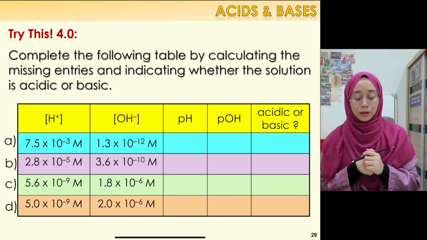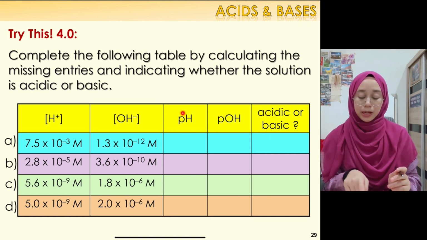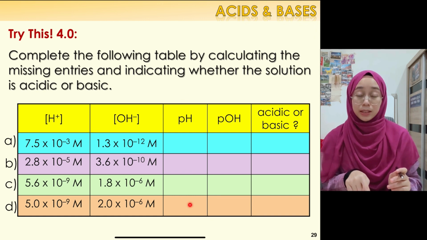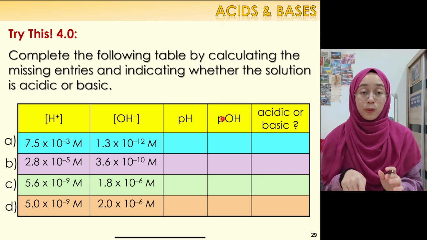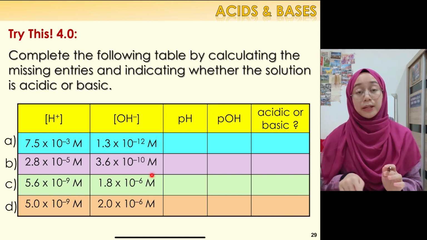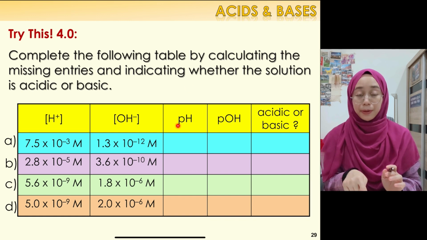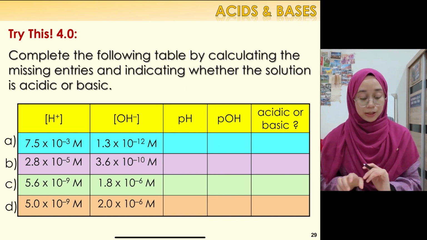Sebenarnya kamu boleh guna apa formula kat sini, and then kena decide lah dia acid ataupun base kat sana. Sebenarnya kamu boleh decide acid ataupun basic ni adalah based on the pH value semata-matanya pun dah cukup dah. Okay, so tak perlu pun untuk cari pOH sebenarnya, tapi try to complete the table lah. Okay, and then nanti jangan lupa kira pOH kat sini juga.